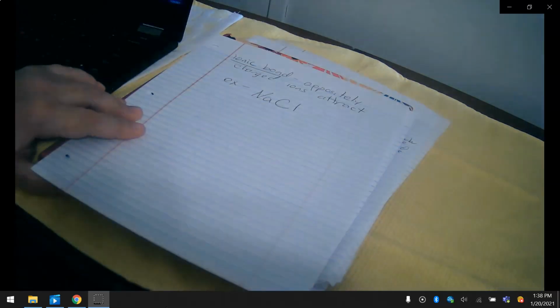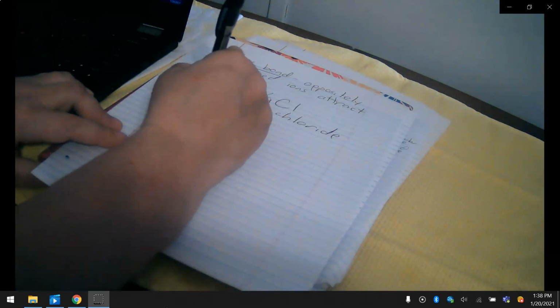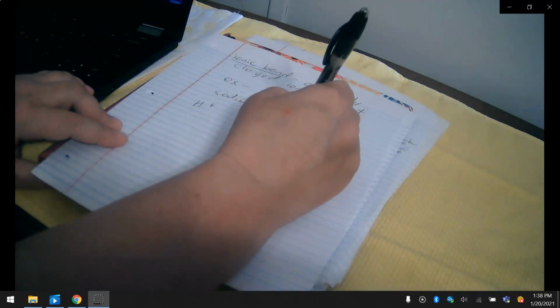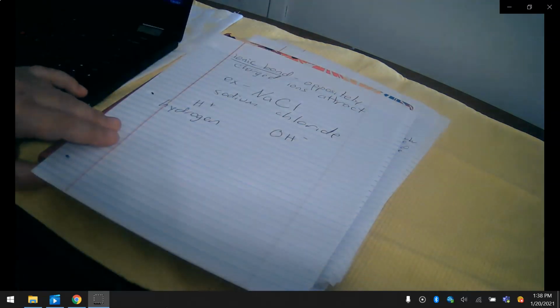An example of an ionic bond, it's probably the most common example in science, is sodium chloride. Okay, it's called sodium chloride, which we know as salt or table salt. But actually, anytime you have a positive ion and a negative ion forming an ionic bond, unless the positive ion is hydrogen and the negative ion is hydroxide, then the compound is a salt.